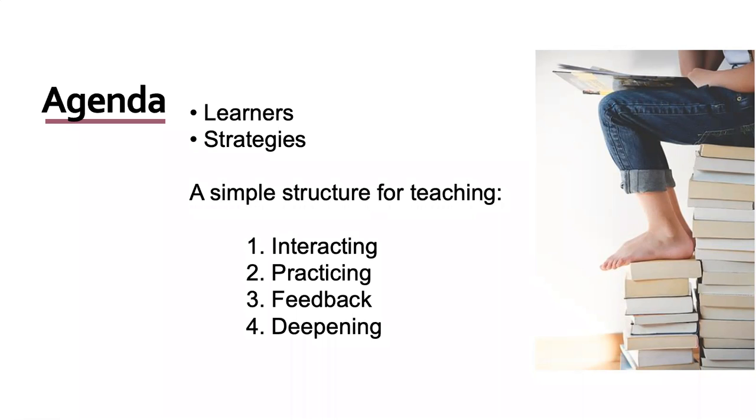And those include how they first interact with new information, how they practice that new information that they're learning, how they receive feedback so that they know what they're practicing is effective, and then how we deepen. So once they've practiced and they learned what they've needed to learn, how can we as teachers assess that they can use and truly understand what it is that we have taught?